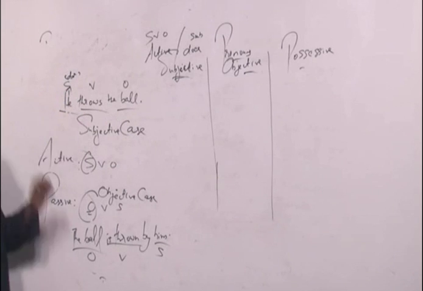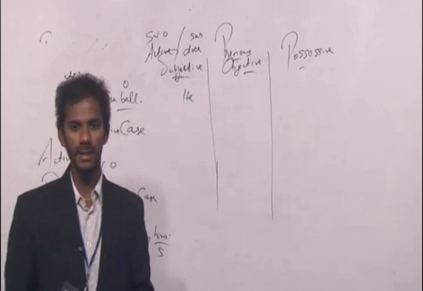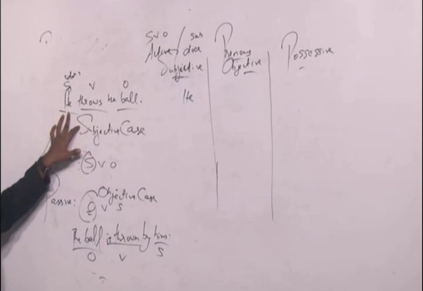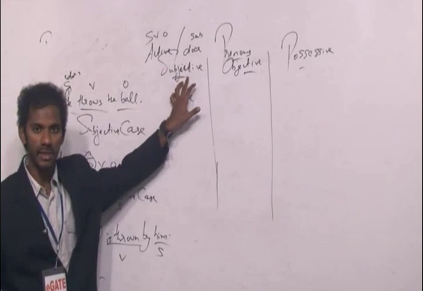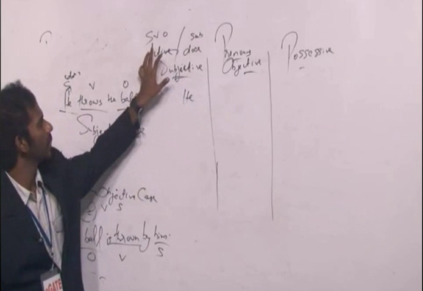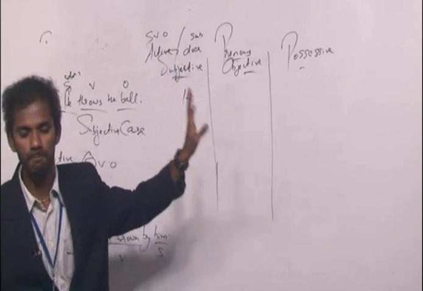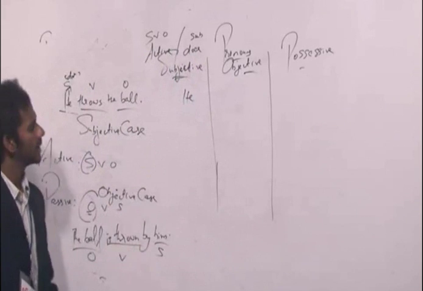So I can say he is subjective, because subjective pronouns are those that come in the active voice, acting as a doer. Got it? Fine.